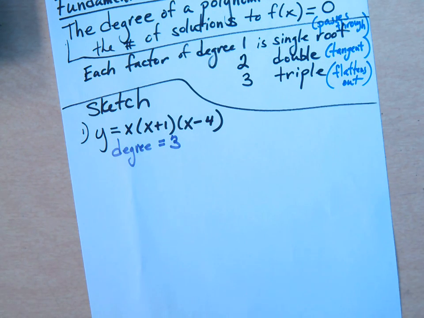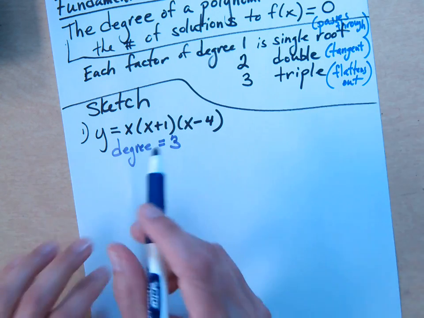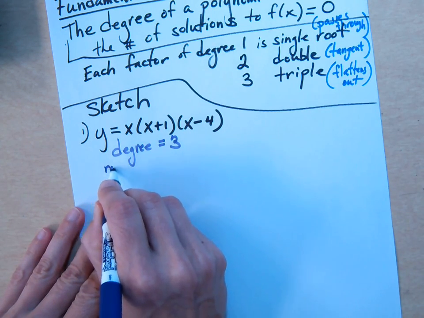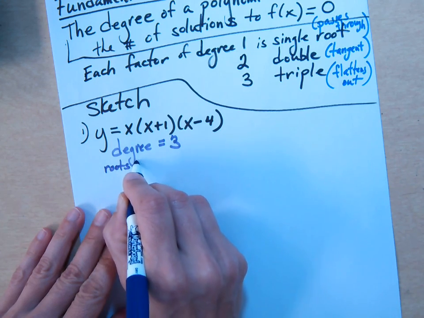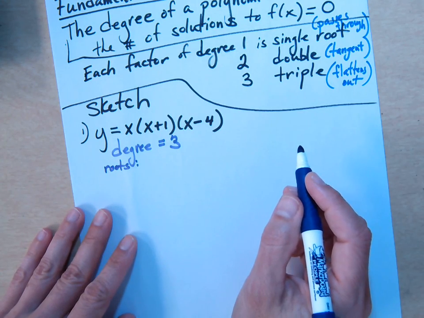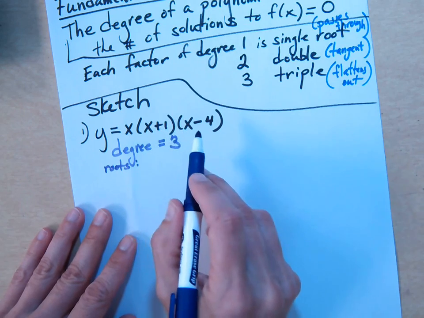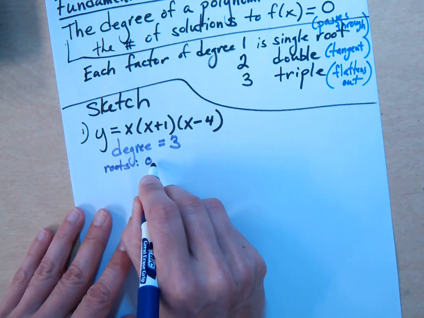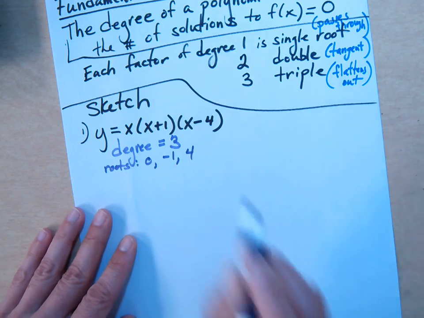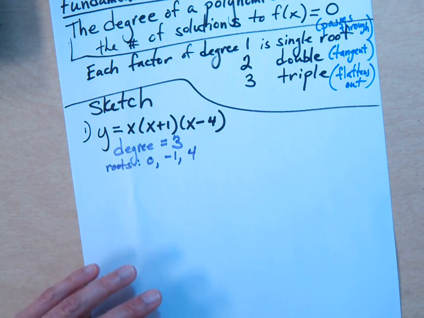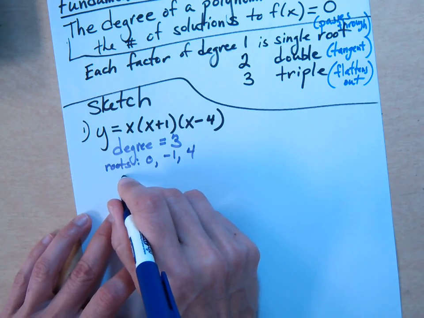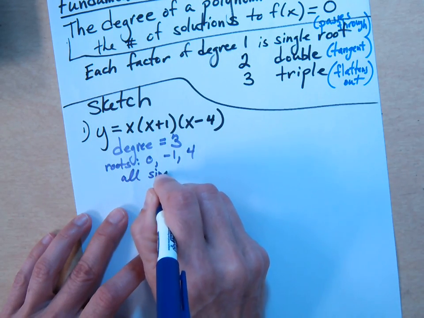So the degree is 3, there's 3 solutions if I set it equal to 0. And then the roots, the zeros, which we'll put in our graph, let's list them. What are they? Negative 1 and 4 and 0. Nice. So 0, negative 1, and 4. And because each root only appears once, they're all single roots.